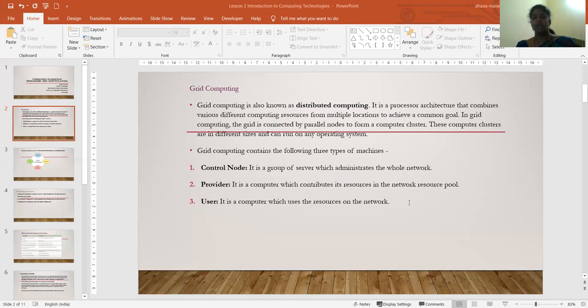The nodes may consist of machines with a similar platform using the same operating system, called a homogeneous network, else machines with different platforms running various different operating systems, called a heterogeneous network.